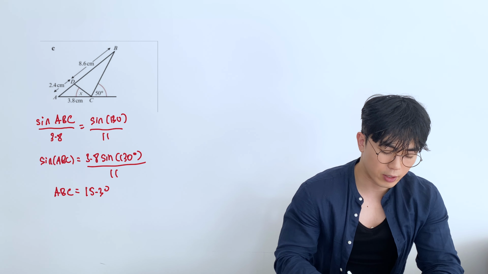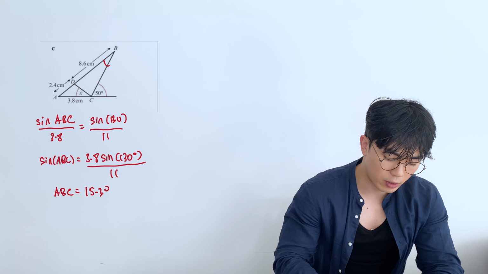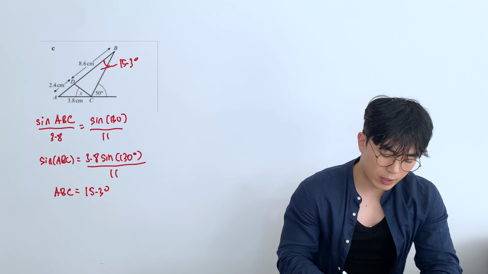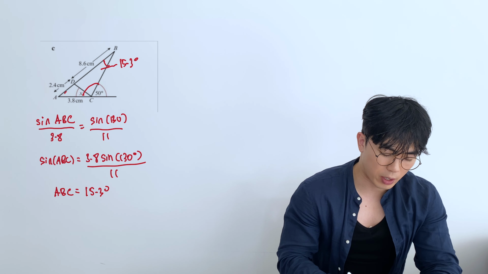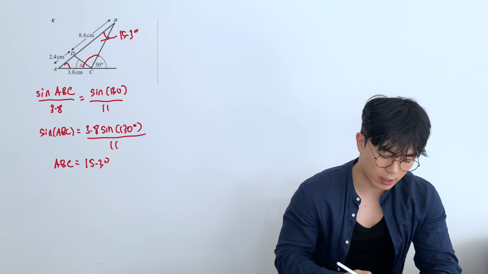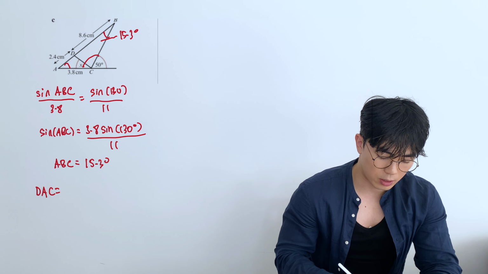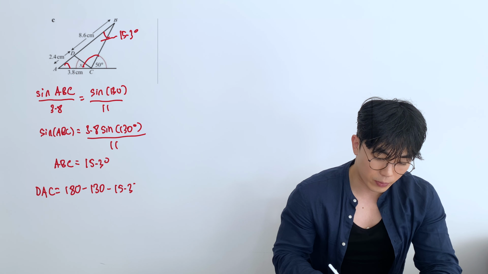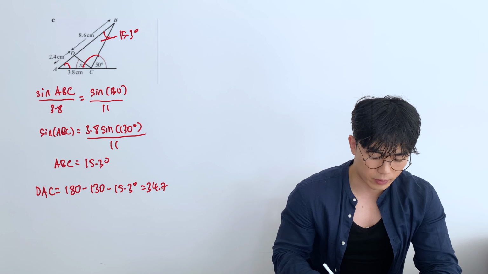So this angle here is 15.3 degrees, which means that if this angle is 130 degrees, then we can work out the angle DAC. DAC is equal to 180 minus 130 minus 15.3, which gives you 34.7 degrees.